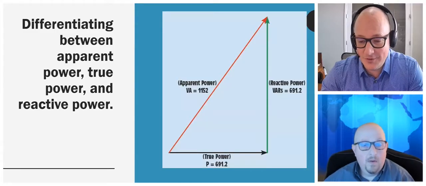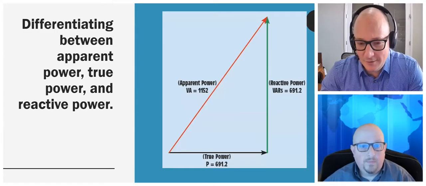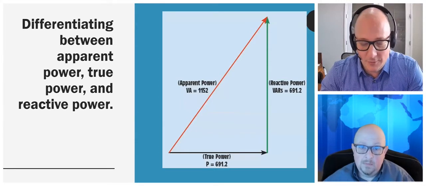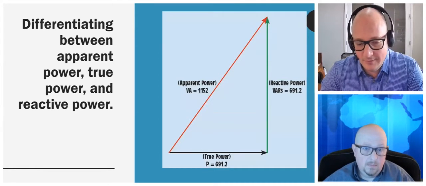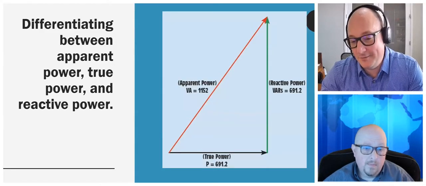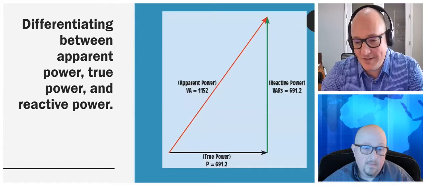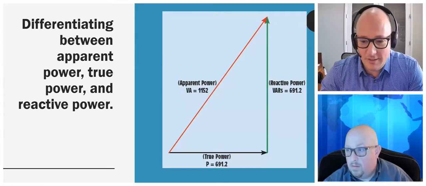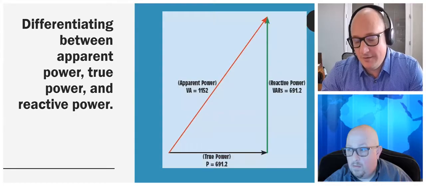So that just works out. We can use the Pythagorean theorem, or, like here, we're going to add things vectorially. So it's best explained mathematically, but then you have the best analogies to kind of bring it back to earth. But I think the next slide basically explains apparent power the best.